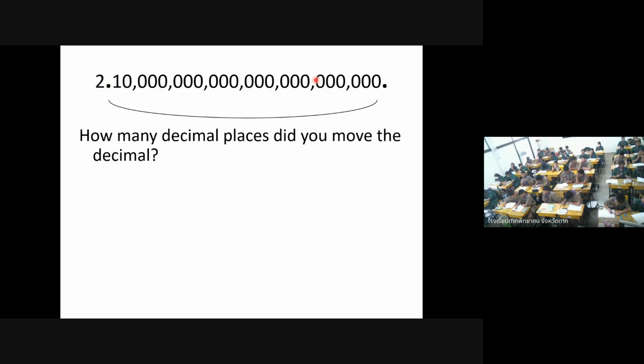Now, how many times do we move the decimal point? 1, 2, 3, 4, 5, 6, 7, 8, 9, 10, 12, 13, 14, 15, 16, 17, 18, 19, 20, 21, 22, 23.